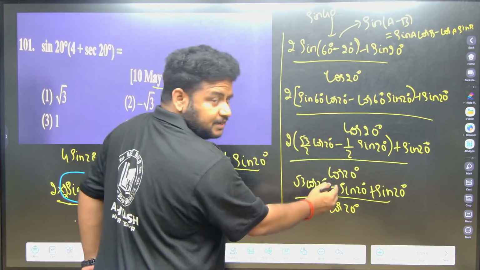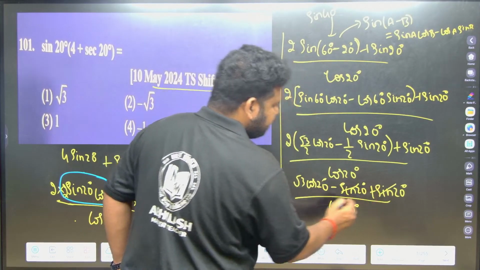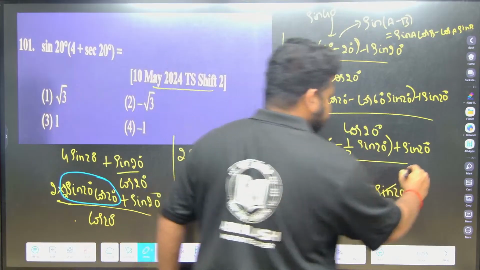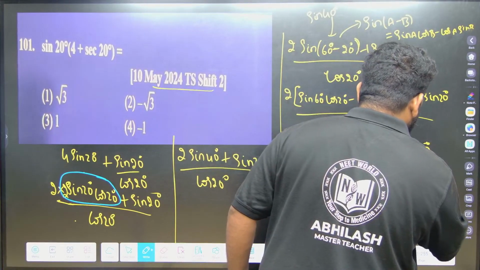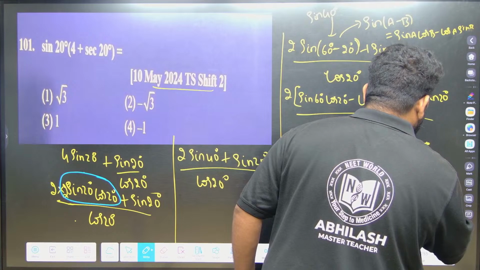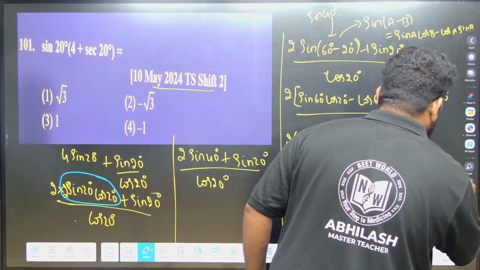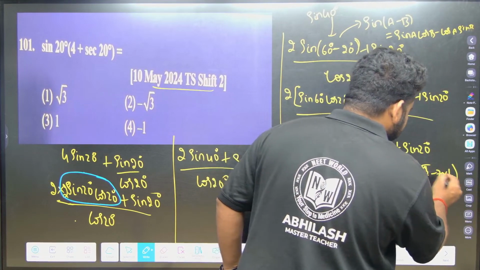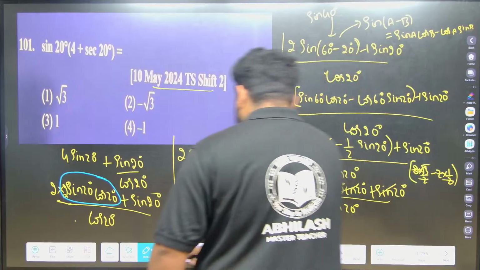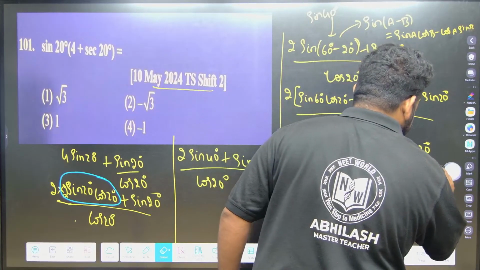Observe carefully, minus sin 20 plus sin 20 will cancel. Root 3 minus 1, that is what I did here directly.